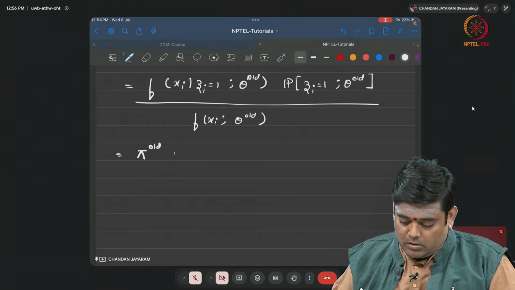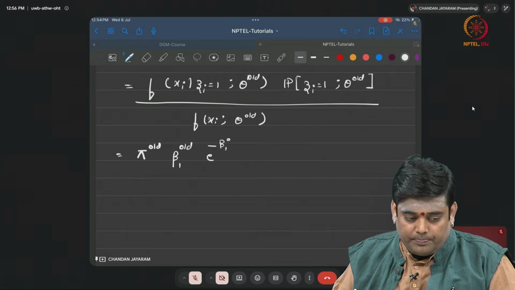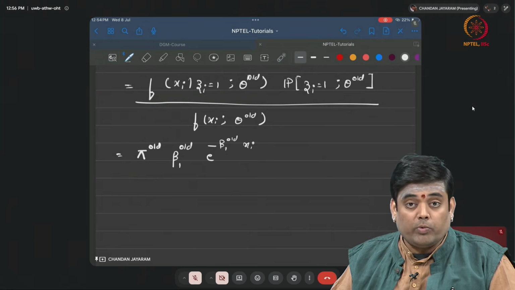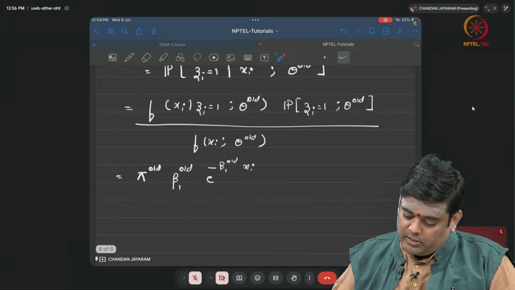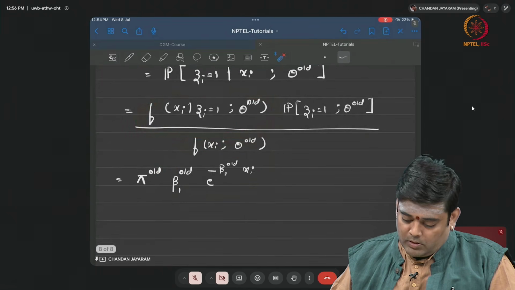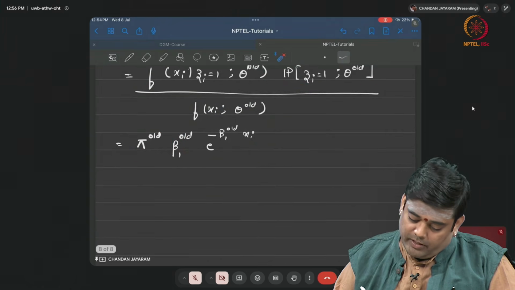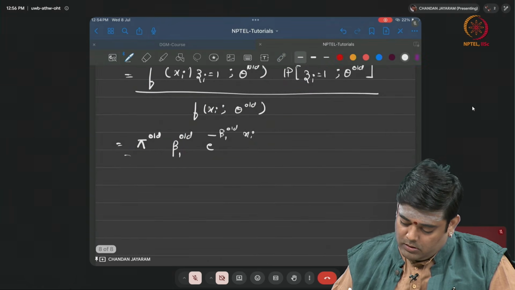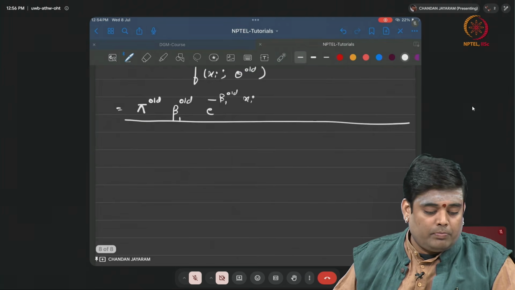So this is beta 1 old into e to the power of minus beta 1 old Xi. This is the numerator term. This is for this, and this pi old is because of this. Okay, fine. Then this is divided by, in the denominator, I will have a pretty big term.